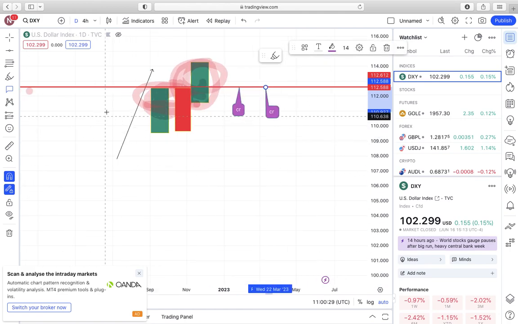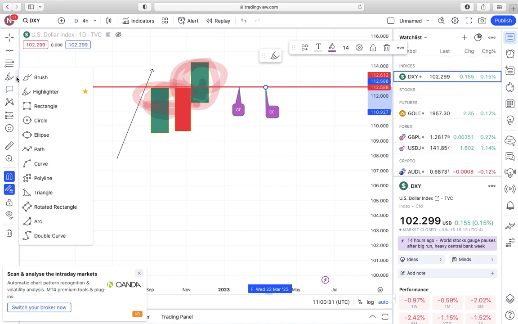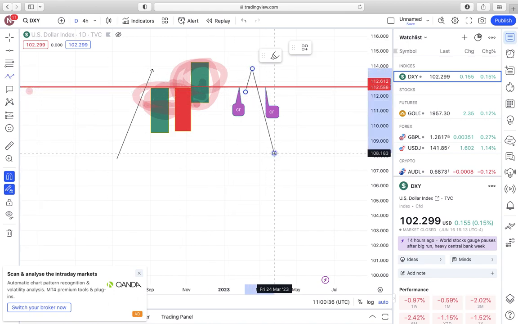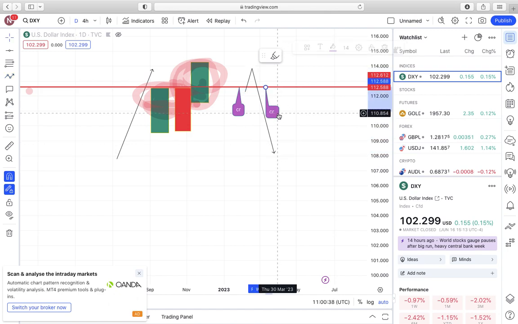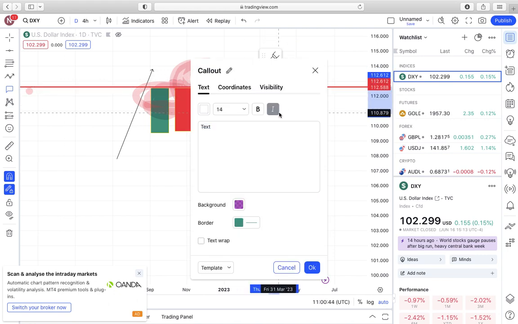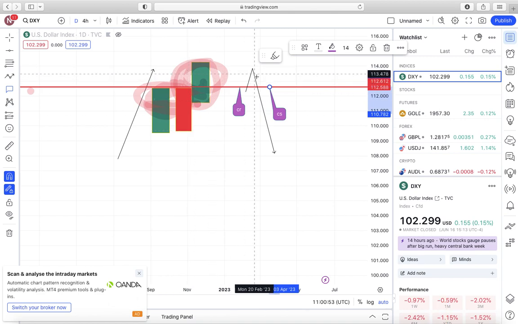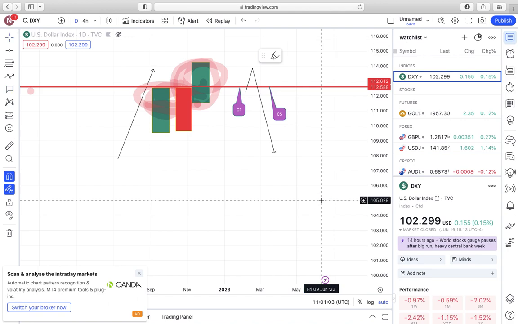And how will somebody sell this market? You can only sell this market when it comes back and breaks that current support. For somebody to sell this market, it must come back here and break this current support, to sell up to the previous support, which was maybe somewhere here.